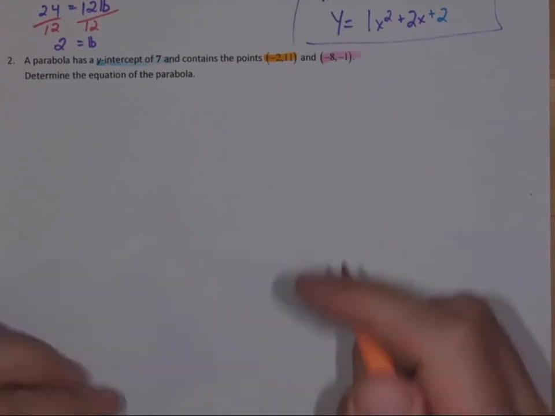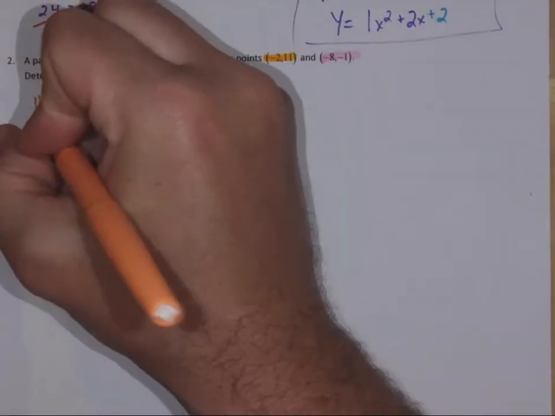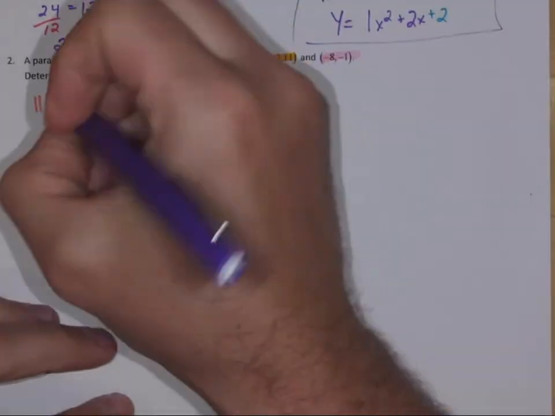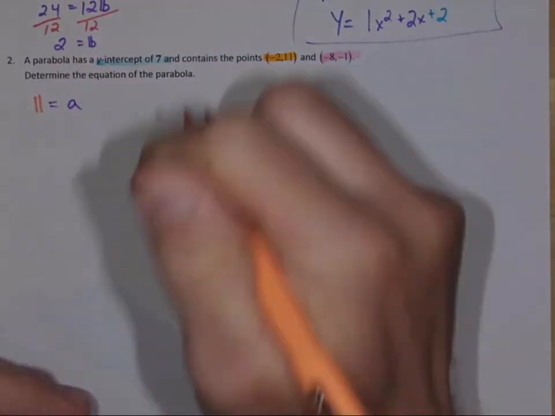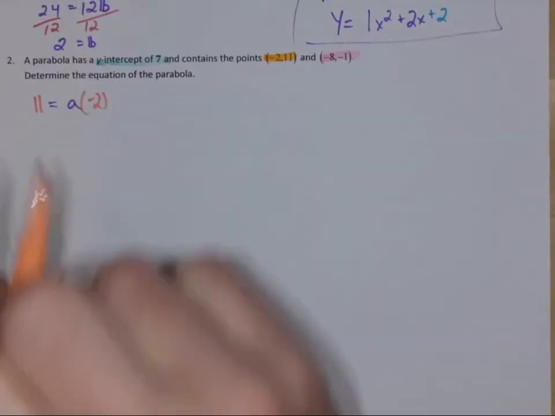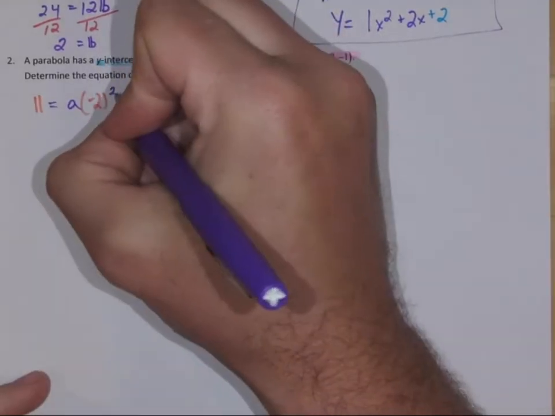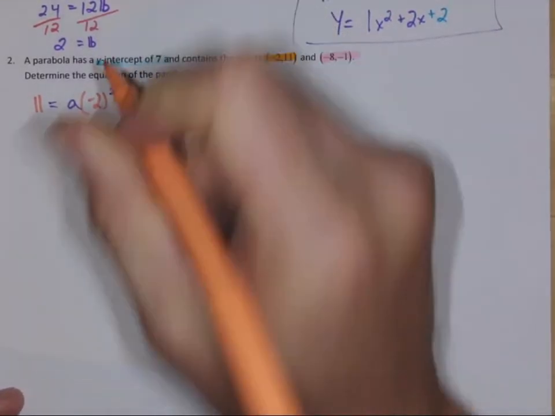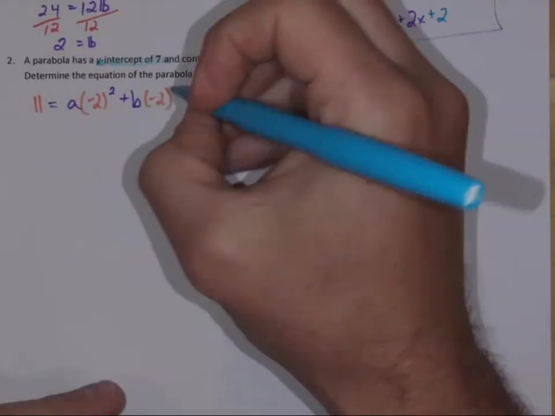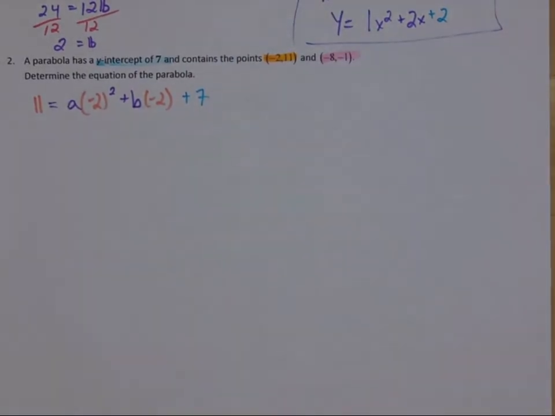So let's sub in what we know. For the first equation, y is 11, don't know a, x is negative 2, and I have a y-intercept of 7.